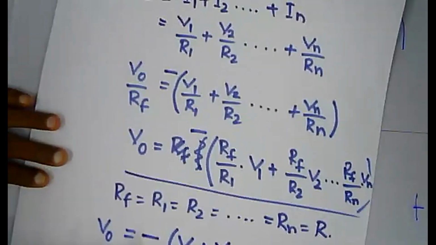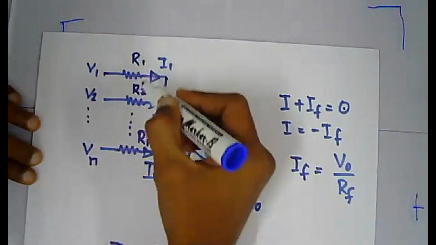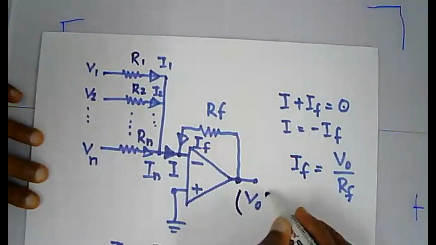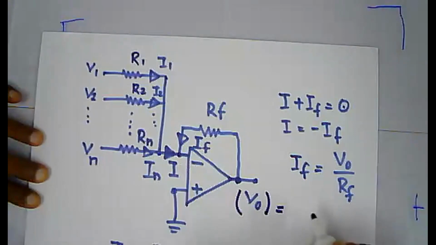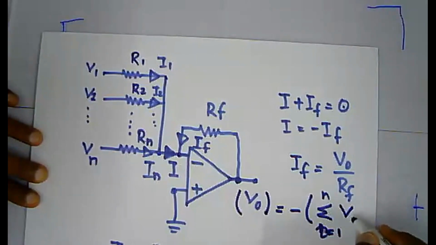Which means if all the resistances used in this circuit, R1, R2, Rn and Rf, are equal, then your V out becomes the minus of summation of i equals 1 to n Vi.